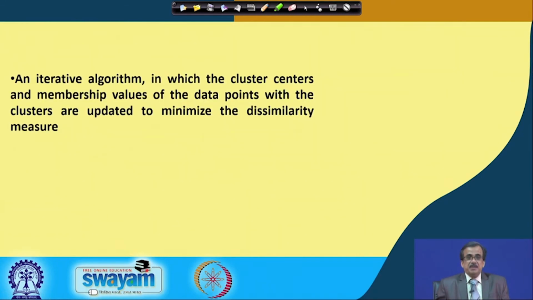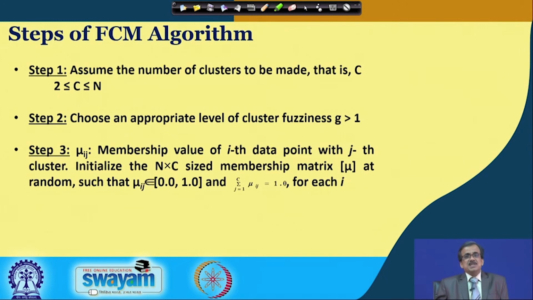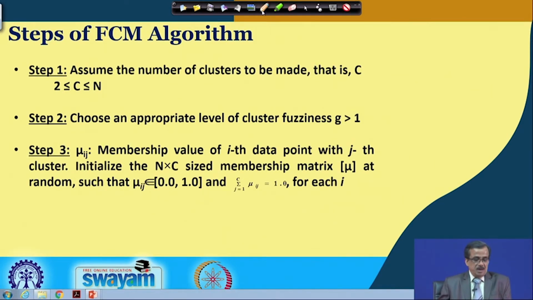So, this I have already mentioned. Now, I am just going to tell you the steps of this Fuzzy C-Means algorithm, like the FCM algorithm, one after another. Now, in step 1, we assume the number of clusters to be made, and supposing that is denoted by C, and as I have already discussed, C is greater than or equal to 2 and less than or equal to n.